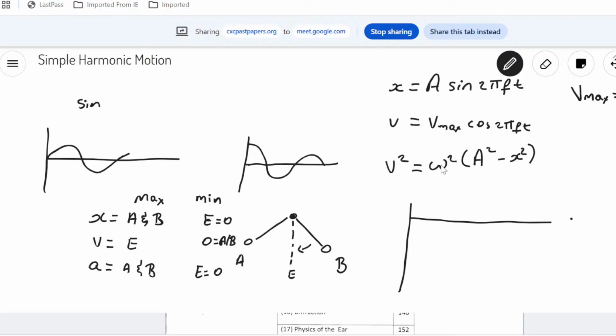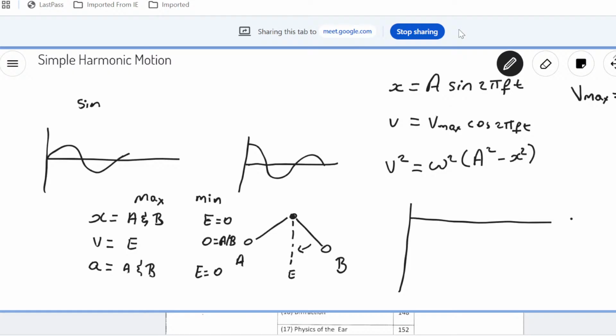Alright, so they need to be acting in different directions. Depending on where you start your graph, let me do it.